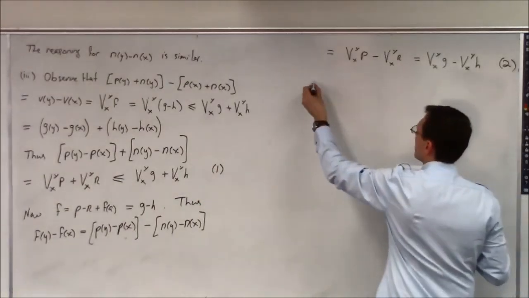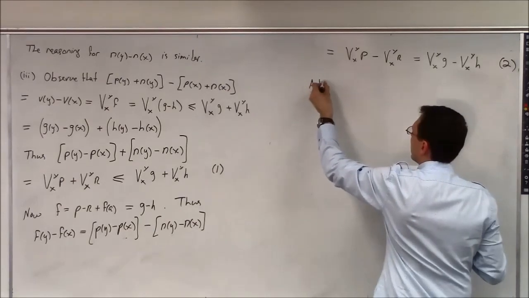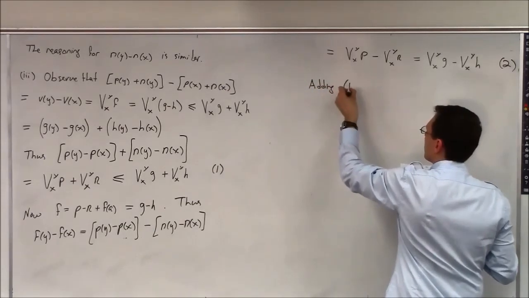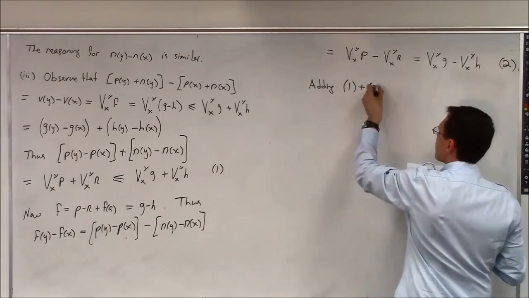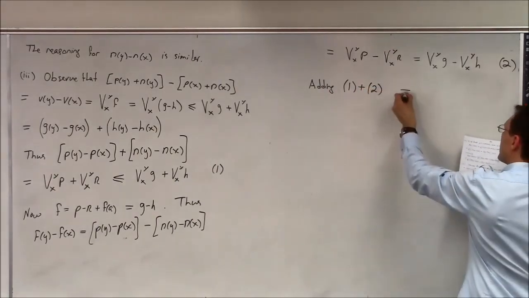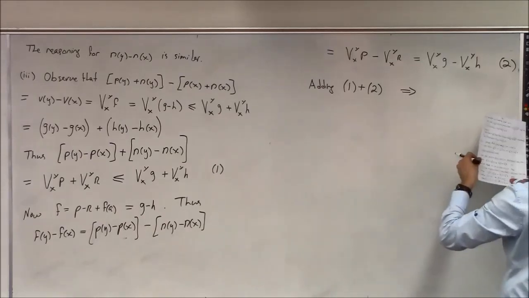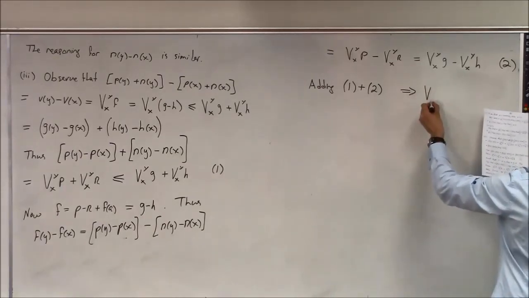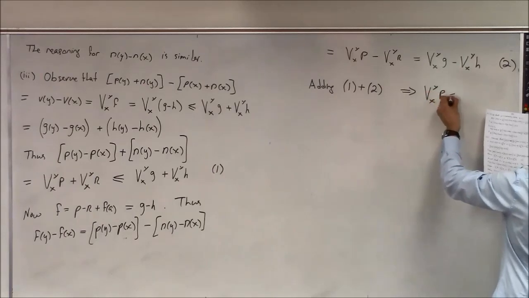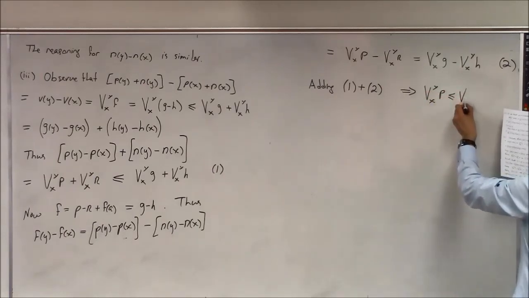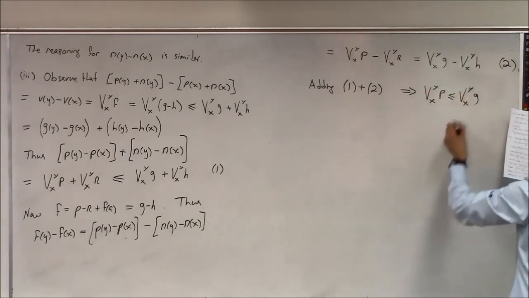So if you add 1 plus 2, it implies that the variation from x to y of p is less than or equal to the variation from x to y of g.